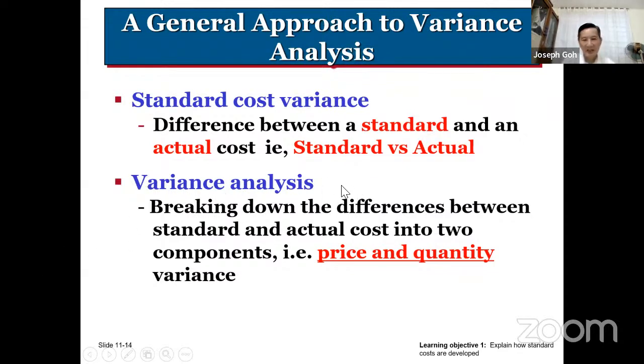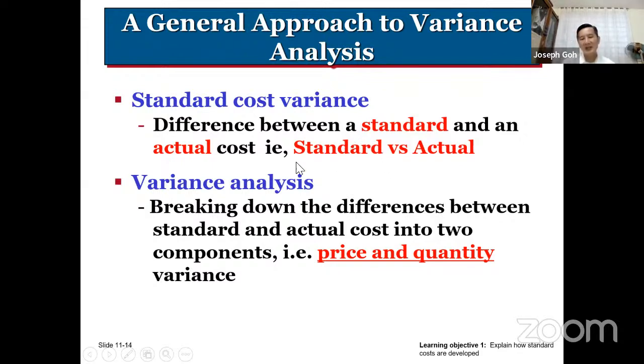Variance analysis breaks down the differences between standard and actual cost into two components. So always remember, whatever variance we study here, we always emphasize price and quantity. That's very true. Why I say very true is very easy, because when we set out the standard costing, what we always gather is the quantity to produce and the price for that quantity.